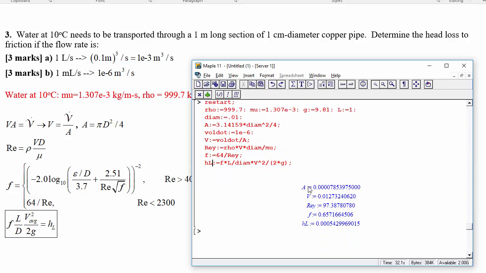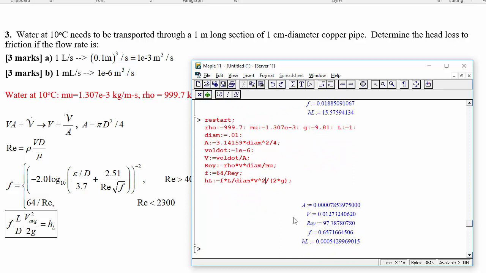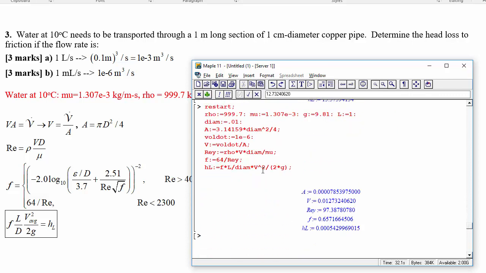But because the head loss depends on the velocity squared and inverse with the diameter, the much smaller velocity from this much lower flow rate, velocity of 1 centimeter per second instead of 12.7 meters per second, has meant that we are moving at such a slow pace that the head loss is much, much smaller than last time.